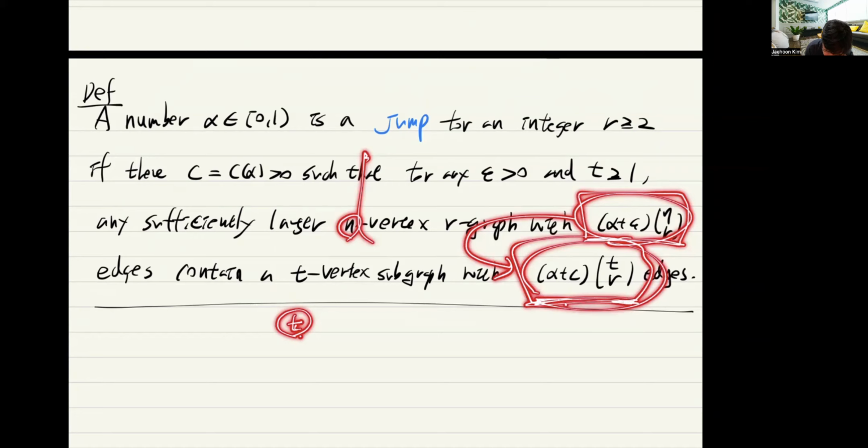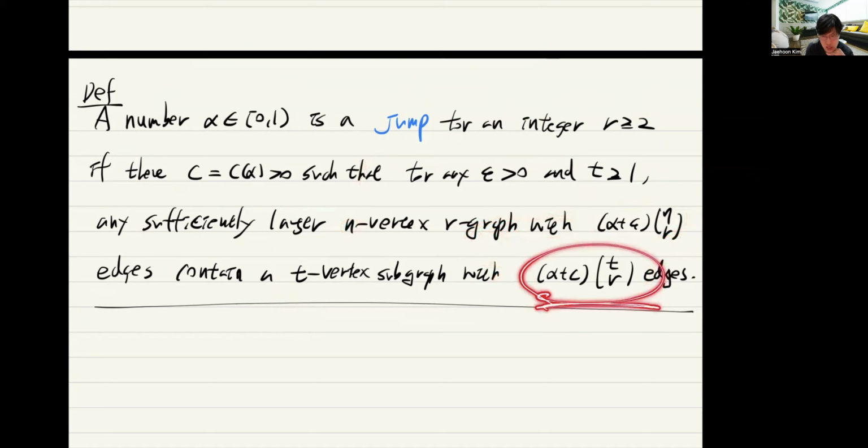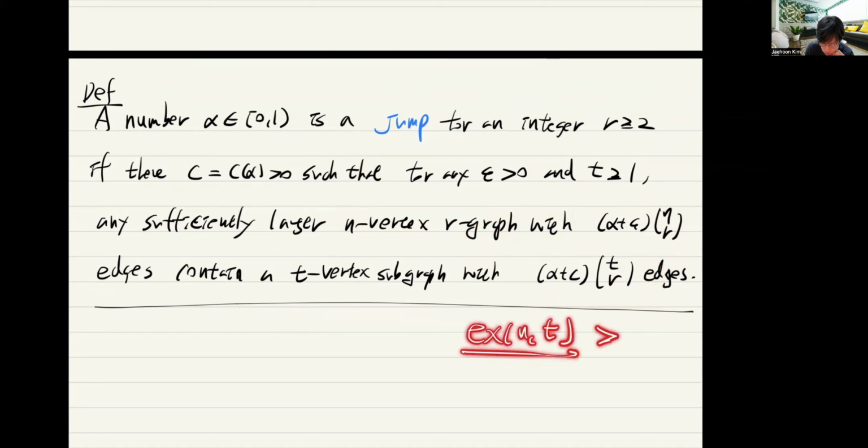But this is a subgraph of the original one, so this is again F-free. It doesn't contain F as a subgraph. And then t is large, so this is bigger than alpha plus c_t times t to the r. So by increasing this t, it shows that the limit of this Turan density is bigger than alpha plus c.